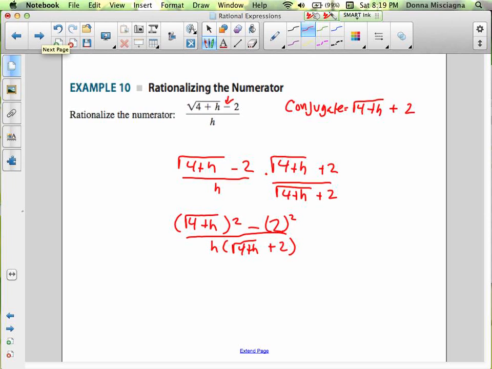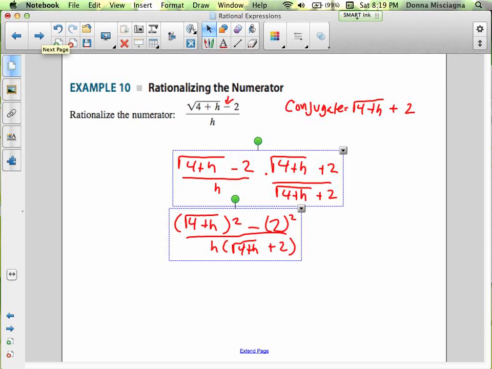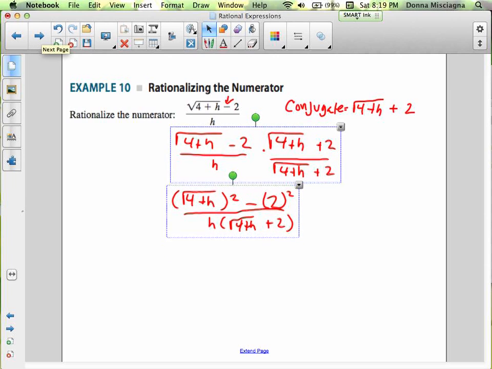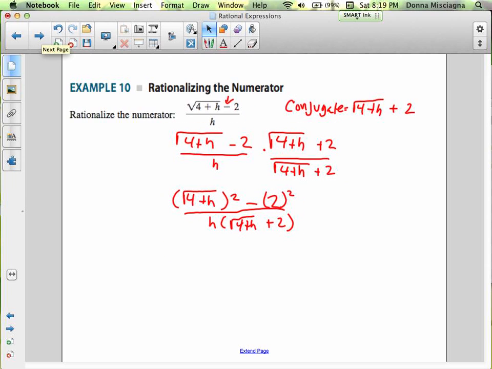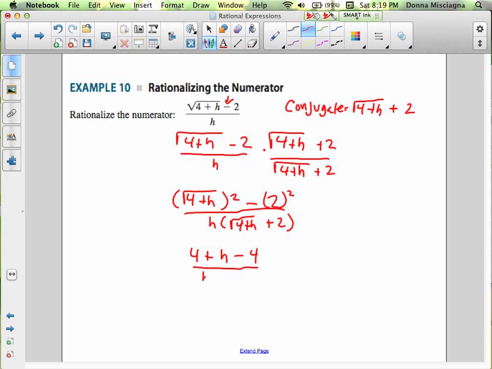Now let's continue simplifying. The square and square root will cancel. This will be 4 plus h minus 2 squared, which is 4. And you see we're going to be able to simplify again. In the denominator we have h times the square root of 4 plus h plus 2.